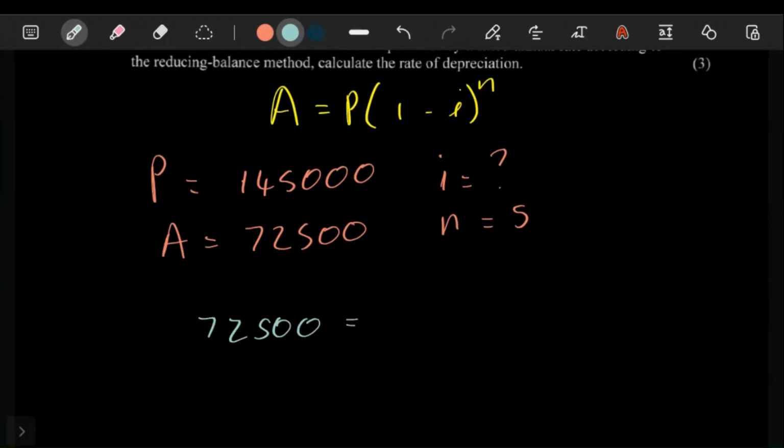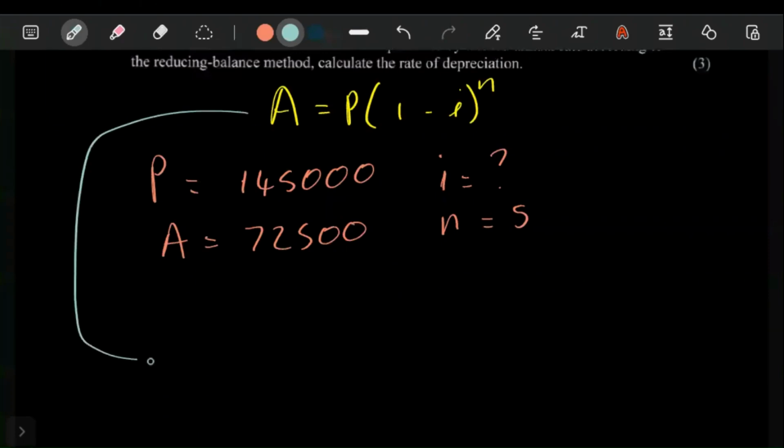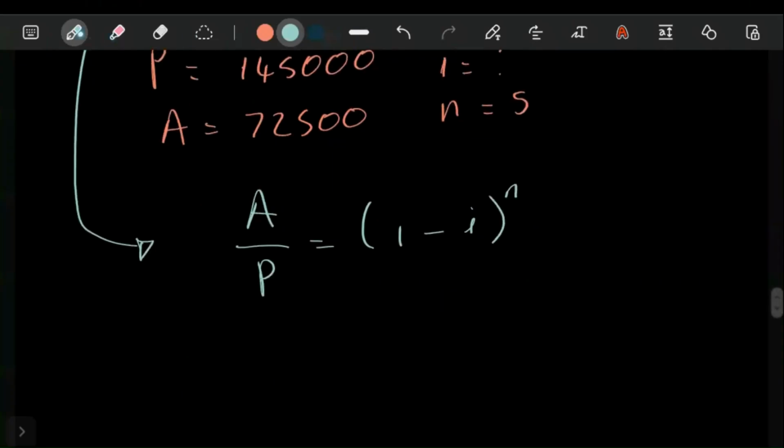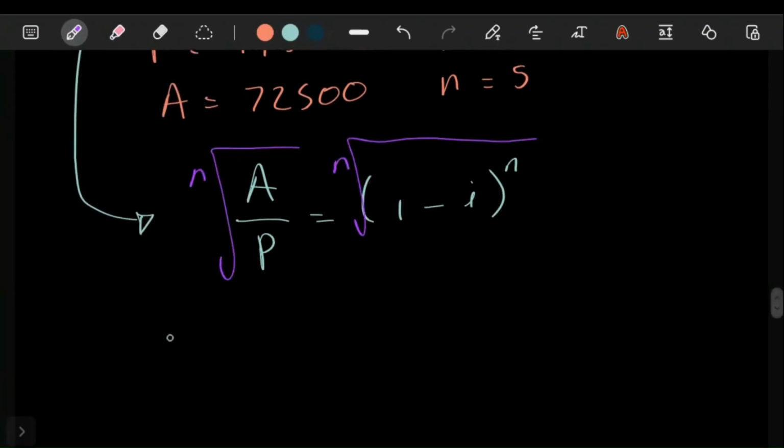Well, this is what I actually normally like to do. Let's isolate I first in our formula. Isolating I, firstly, the P can divide it on both sides. You have A over P, and you have 1 minus I to the power of n. And then we can put the power of 1 over n on both sides to get rid of the n. Then you have it here.